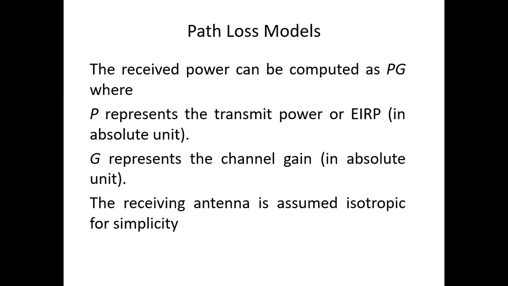Here we are considering like that for GR. For GT, this P is used to represent EIRP, or PTGT. So for us here, P represents PTGT and GR is 1. So you actually have PTGT GR represented by P, because GR is 1.